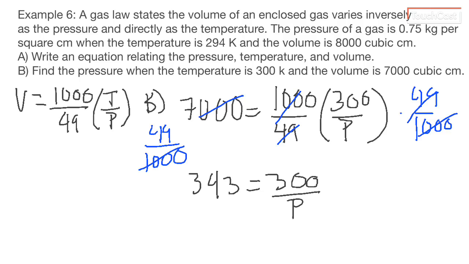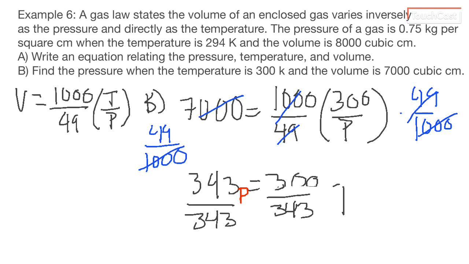Now something we can also do, because we want to get P, we can multiply both sides by P. And what we're going to end up with then is just 343 times P is equal to 300. Now to get P by itself, we're going to divide by 343.